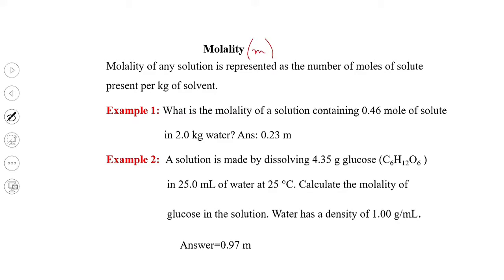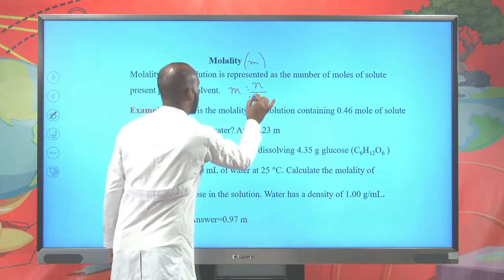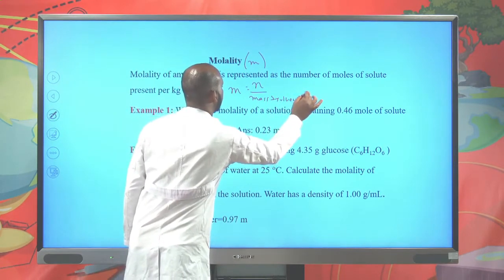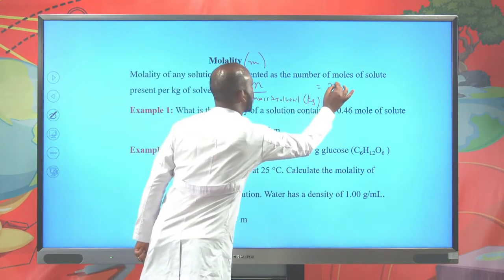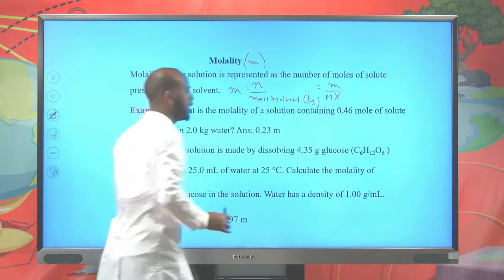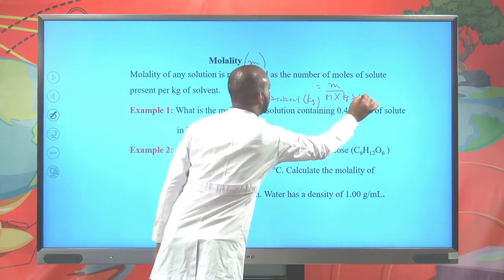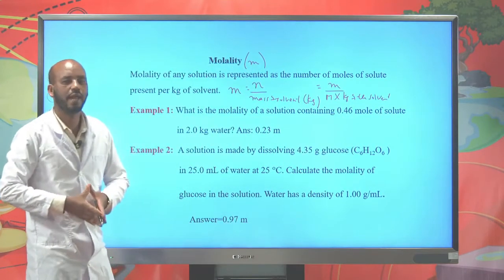Therefore, molality, small m, equals the number of moles of solute divided by the mass of solvent in kilograms. The number of moles of solute is the mass of solute divided by the molar mass of the solute, and the denominator is the mass of the solvent in kg.